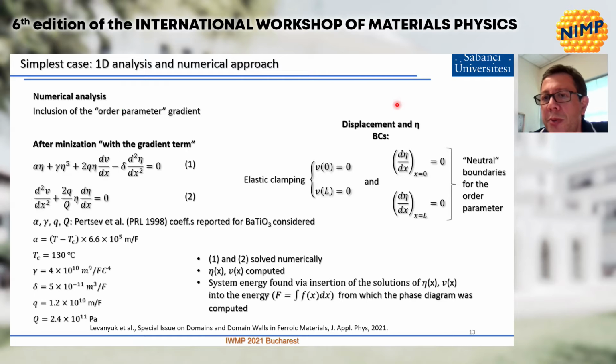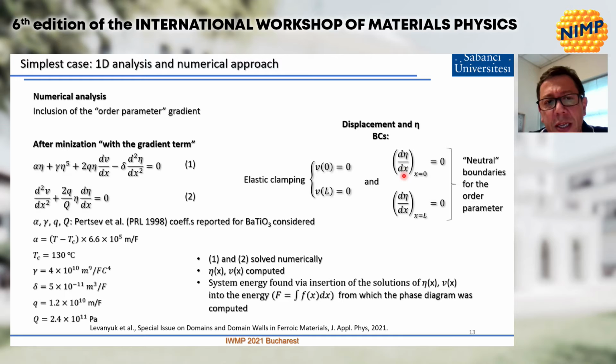And we again wrote the displacement and eta boundary conditions. The displacements are clamped at the end. So this is V, the displacement. So we fix the rod at the end. And then we have a neutral order parameter, meaning the surface has no privilege over the bulk when it comes to the transition characteristics.